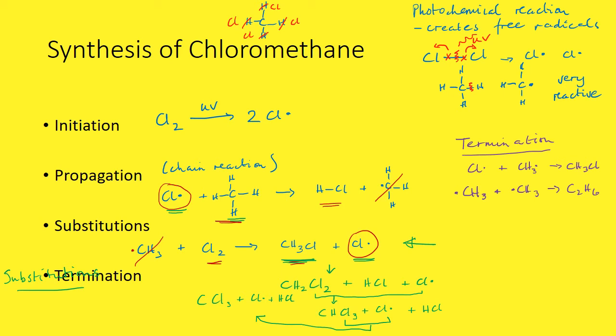And the other combination of free radicals that you could get is a chlorine free radical reacting with another chlorine free radical, giving you a chlorine molecule. And so that's the termination step that will happen. So that's how we make chloromethane, and when that's made, we're going to get a mixture of those 4 chloromethanes: chloromethane, dichloromethane, trichloromethane, and tetrachloromethane.